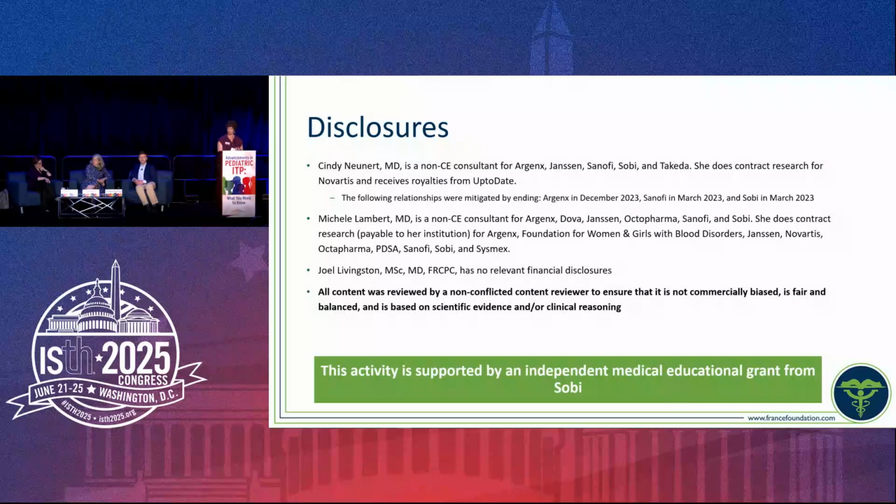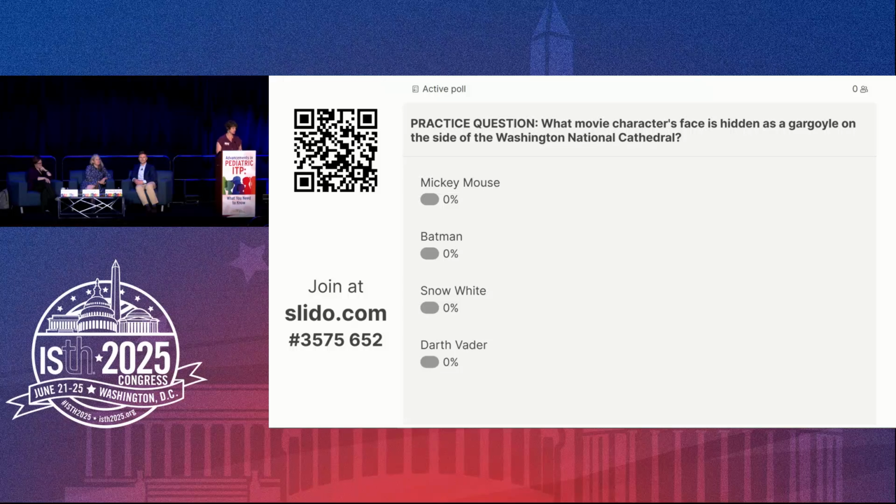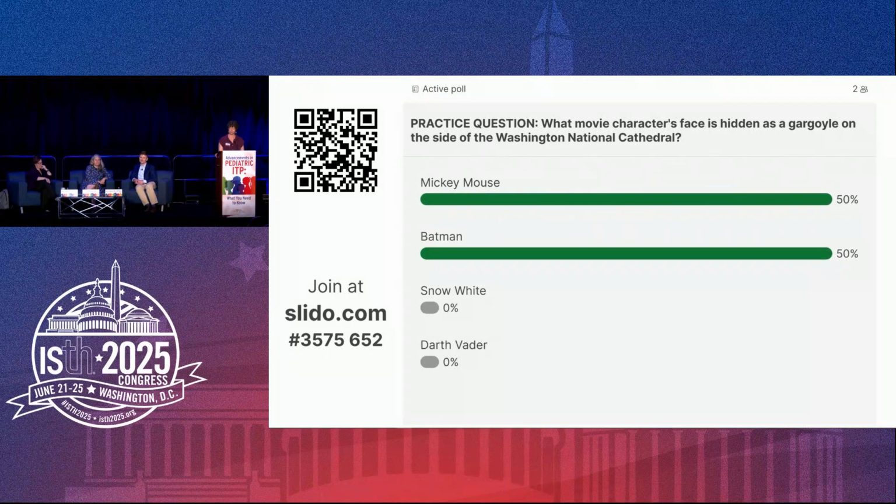We're going to move into our first question. This is a test, though I don't think anyone can fail this one. Well, maybe. If you get out your phone and point it at the QR code, it's going to launch the audience response that will be used for the rest of the presentation. Here's our practice question. Oh, we've got Batman. Batman's the front runner. Okay, Mickey Mouse.